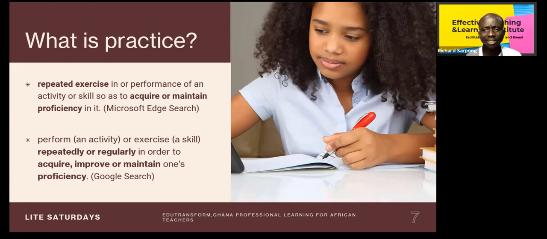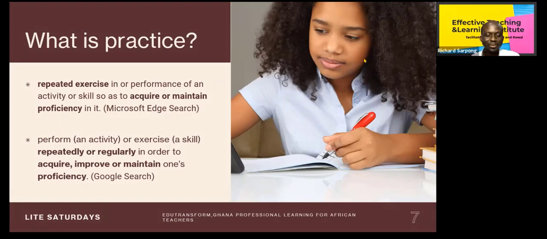So exercises or practice or assessment, we are talking about repeated exercises, repeated performance to achieve proficiency or to improve proficiency in a particular skill, knowledge, performance, or understanding.